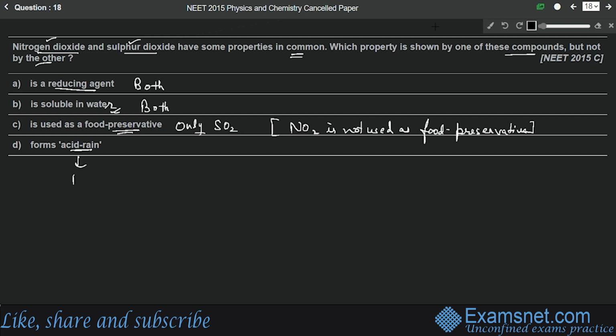So both form acid rain. So three of the given properties are common to both, but one is shown by only one, that is sulfur dioxide. Option C, food preservative. This is the function of sulfur dioxide only. Nitrogen dioxide is not used as food preservative. So option C will be the correct answer.